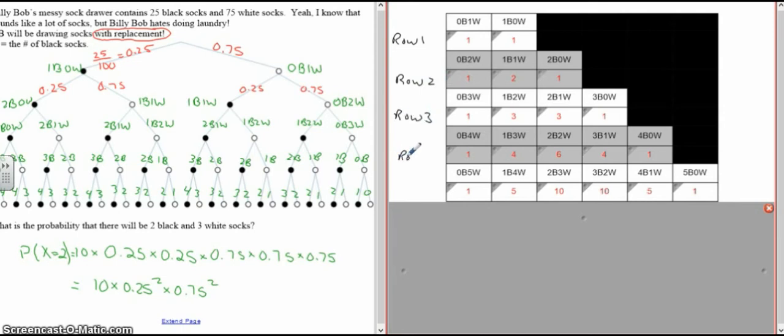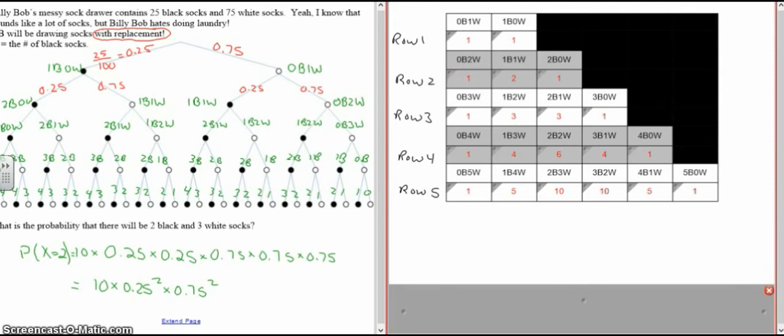This is row 4. And this is row 5. So if we are drawing 5 items, you use row 5 of Pascal's triangle. So the row number is equal to the number of items drawn.